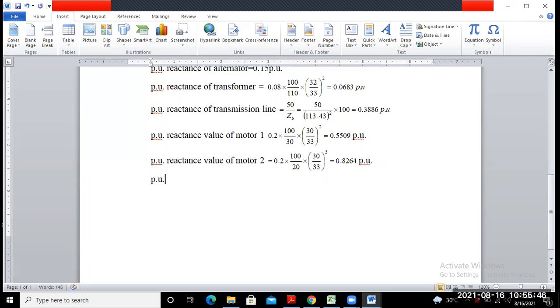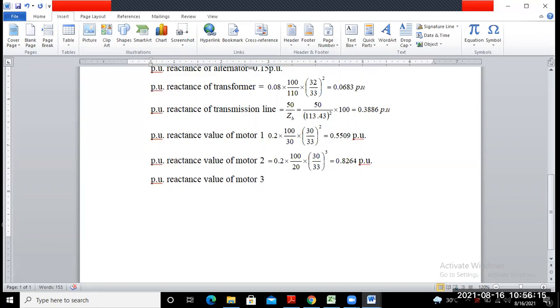Okay. Similarly, you will find the per unit reactance value of motor 3. It is equal to how much?